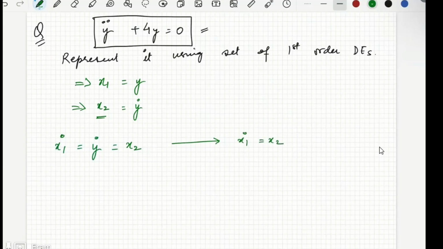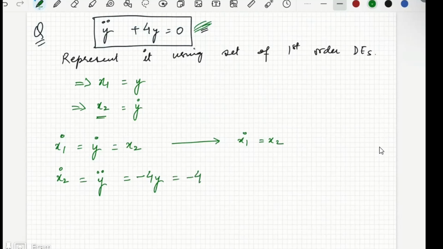Now let's find out the derivative of x2. x2 dot is y dot's derivative, so x2 dot will be y double dot. And what is y double dot? Using the given equation, y double dot is minus 4y.